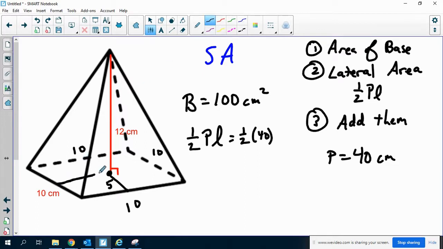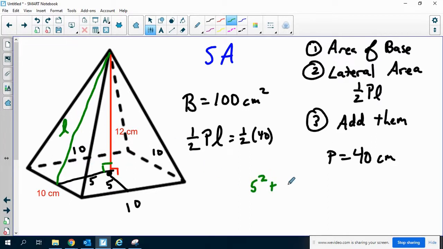I can draw it to this side, and that may help me out a little bit in terms of the visual. Now when I draw my slant height, I see that I have a right triangle, and I can use the Pythagorean theorem. So this is something that's unknown, the slant height. I have a 5 and 12 and an L.